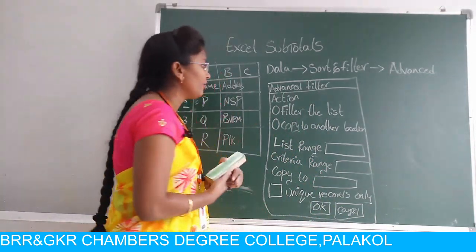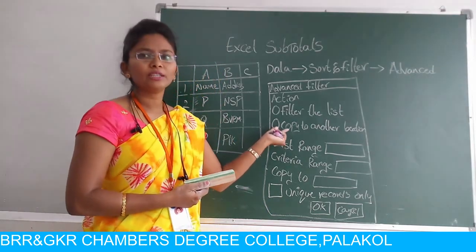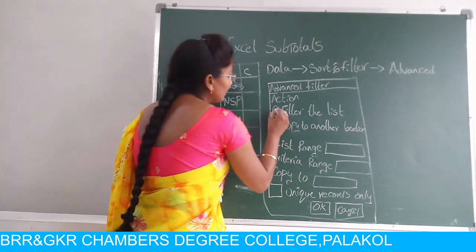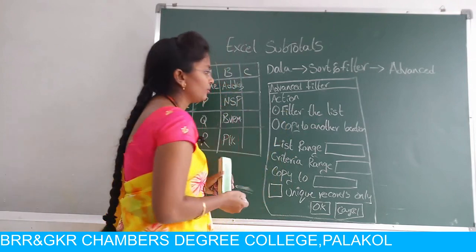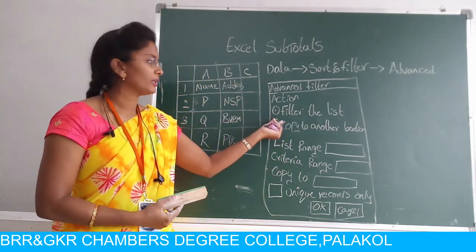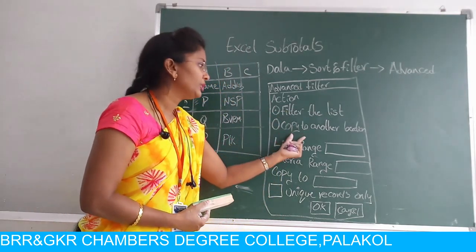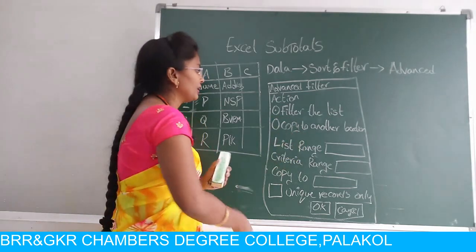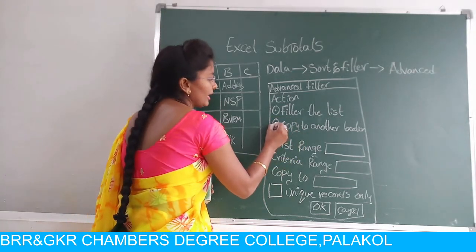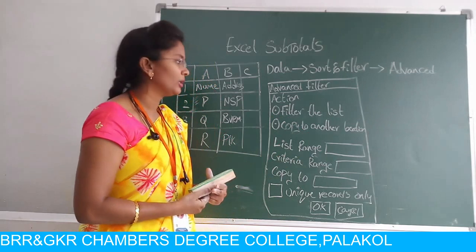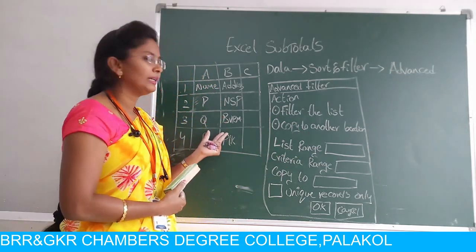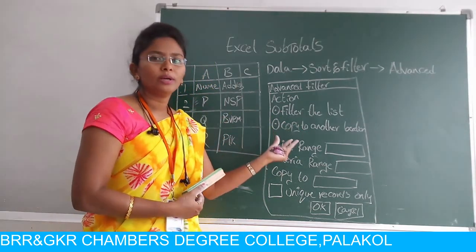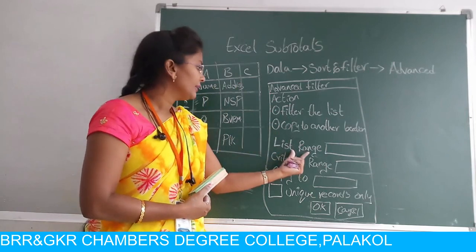And by default, in the action, filter the list will be selected. That means this radio button is selected. If you want to change the location, you can select the second option, copy to another location. That means this entire data will be copied into another location. And then the list range.